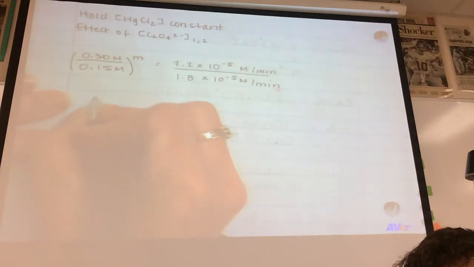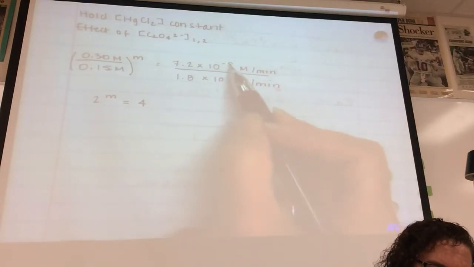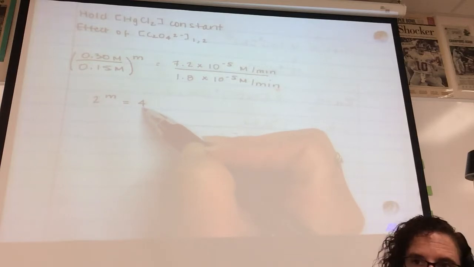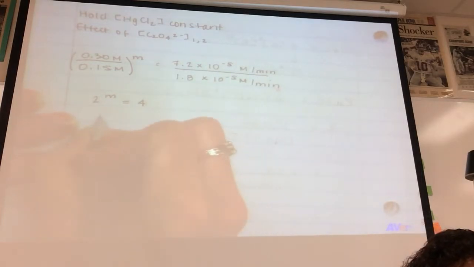I have 2 to the m is equal to 4. And again, if you have the same exponent there, 72 over 18 is 4. Make it easy for yourself without that calculator. m is equal to 2.